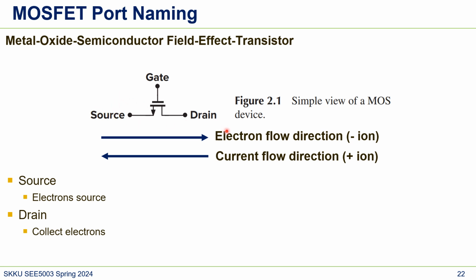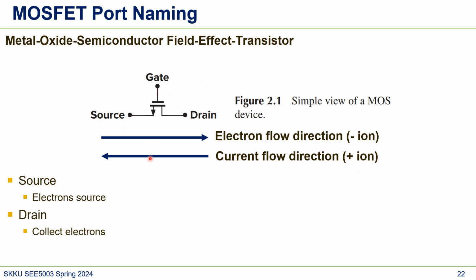But the tricky part is that the current flow direction is from here to here. They're opposite. You see that the electron flow direction is opposite to the current flow direction. Because when we define the current flow direction, we focus on positive charge movement.